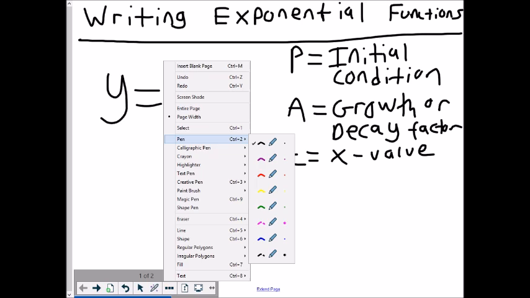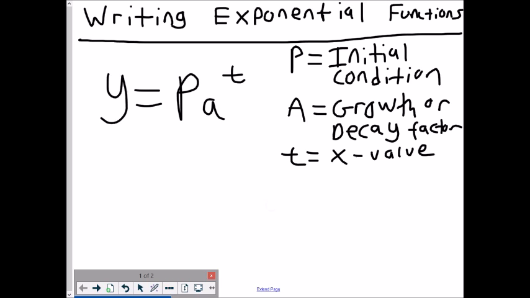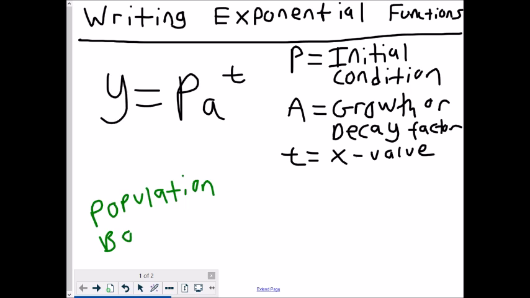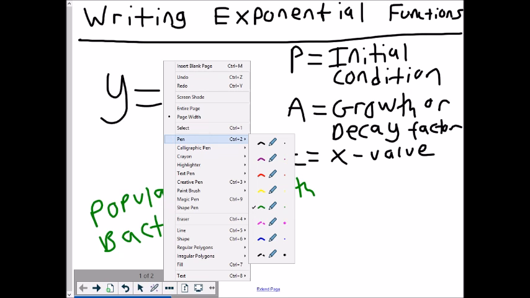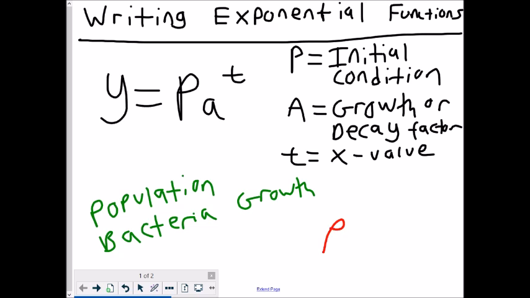And here's the hint. Typically, exponential functions deal with population. Bacteria growth. The key word with exponential is rapid.